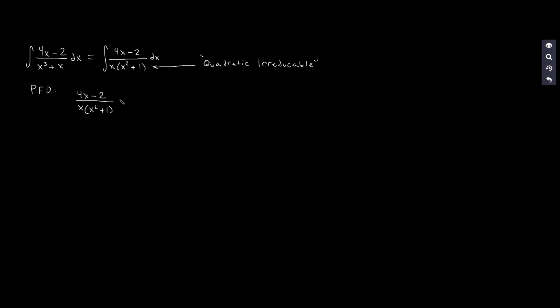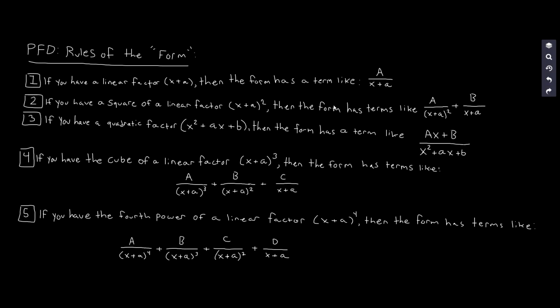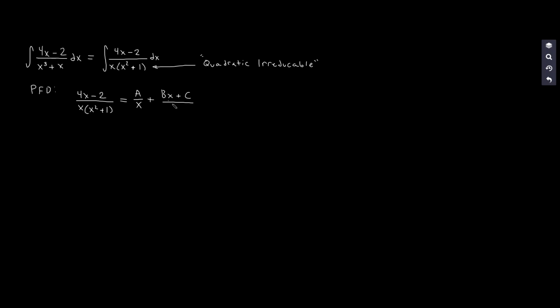So this is what the partial fraction decomposition form is going to look like. We got a over x plus b times x plus c. And we know this because of our forms here. Right here at number 3 for our quadratic irreducible. And so in the denominator, we're just going to have x squared plus 1.